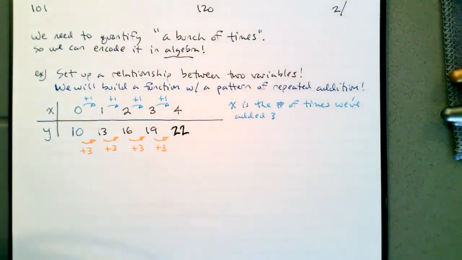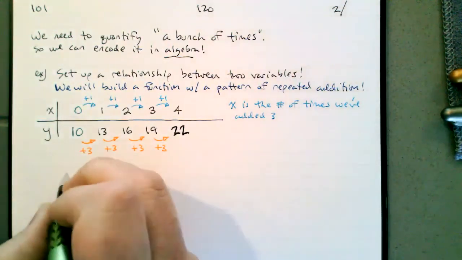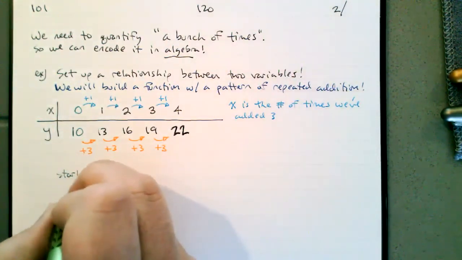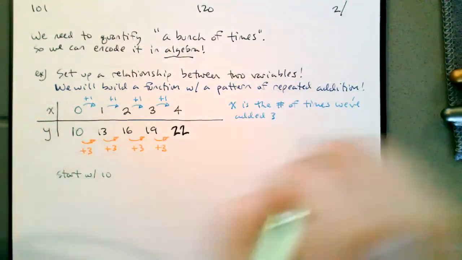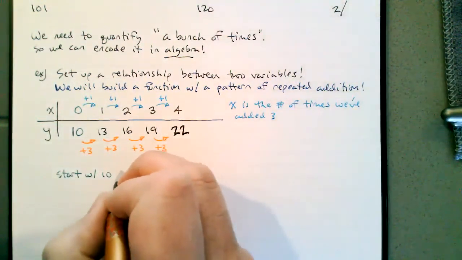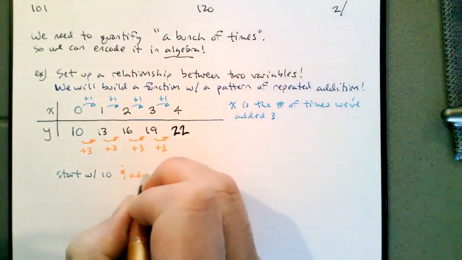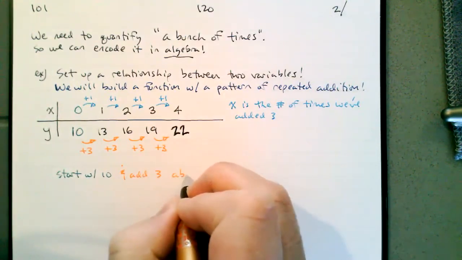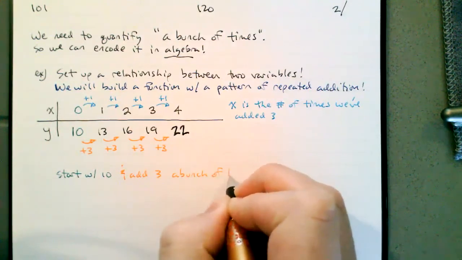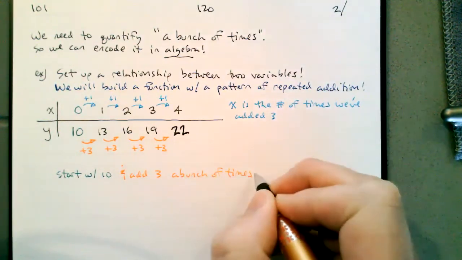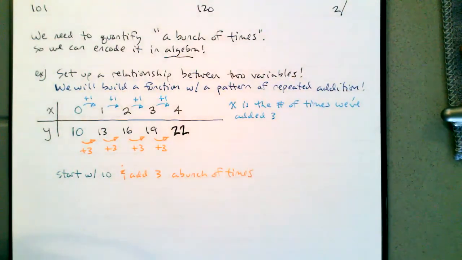So we described the pattern previously by saying start with 10, then add 3 a bunch of times. The way we would say to start with 10, we want to describe this as a relationship between y and x. So when I say start with 10, we'll say y is 10 when x is 0.